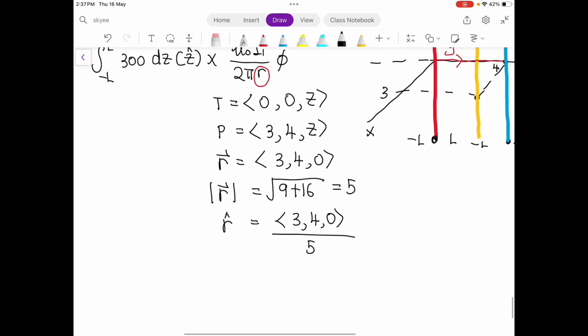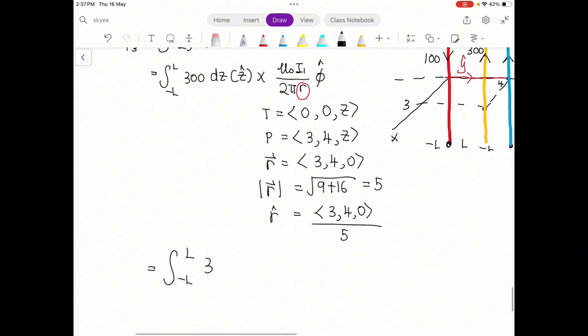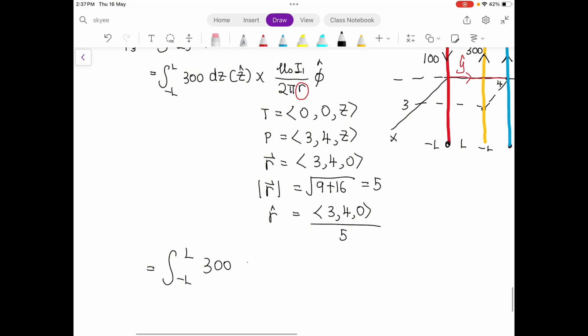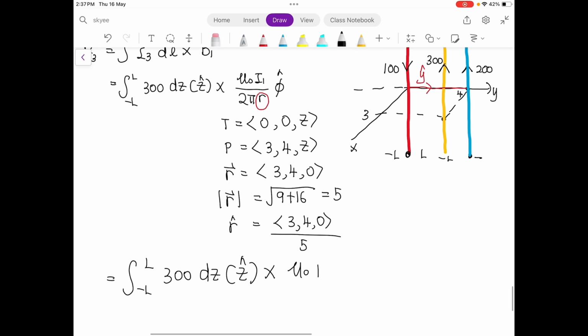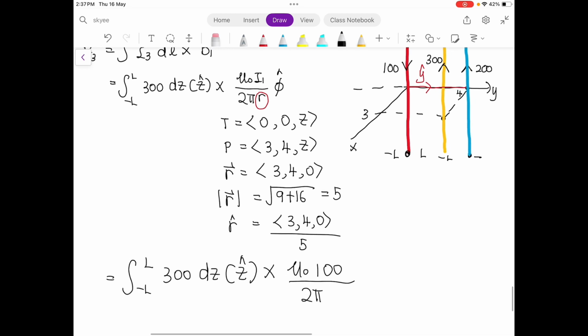Now you put it here, equals the integral from negative L to L of 300 dz and z, multiplied by mu naught I1, which is 100, over 2 pi 5.